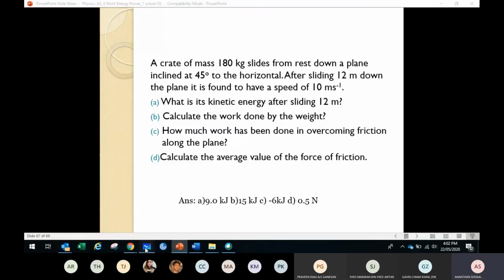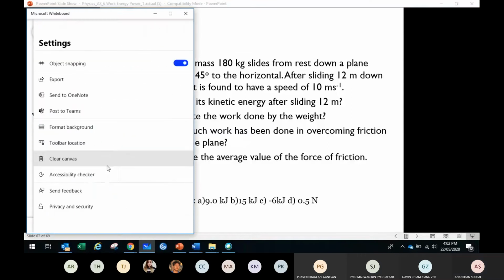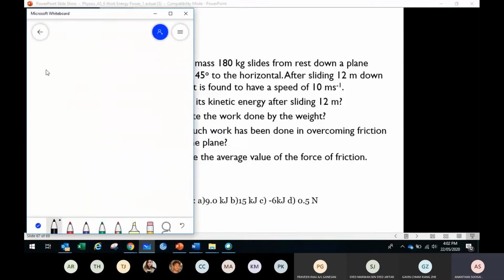Okay, let me write the formula. Work done by the thrust equals gain in EP plus gain in EK plus heat.